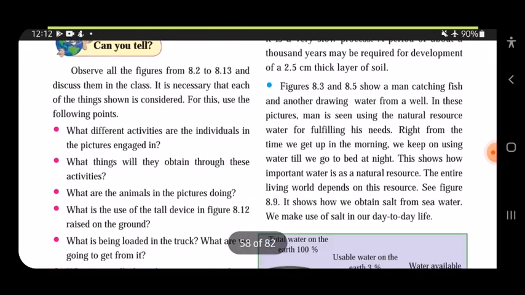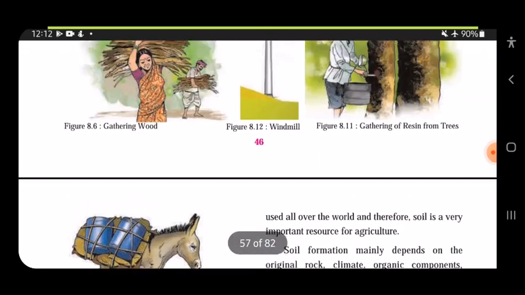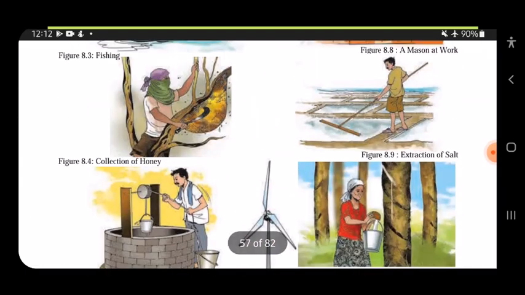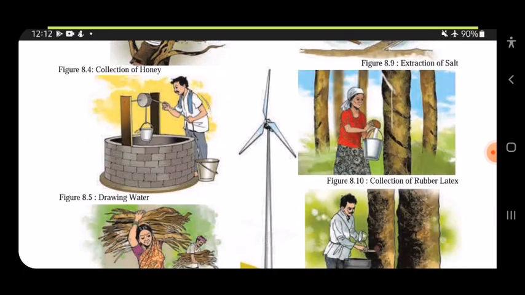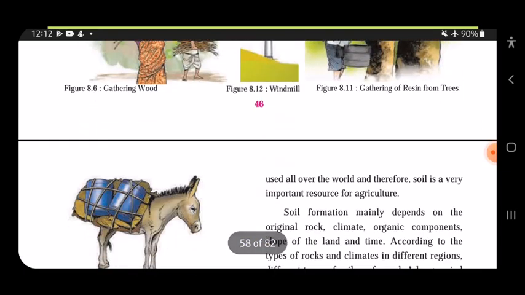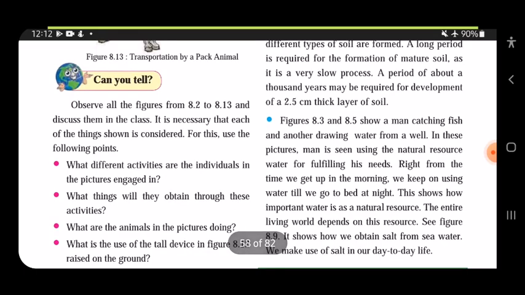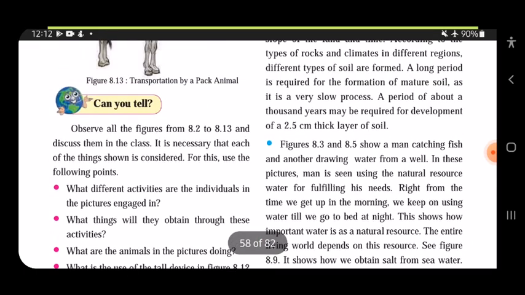The first question says, what different activities are the individuals in the picture engaged in? Now, what are these people doing over here? They are doing some kind of work like agriculture, fishing, mining, collection of honey, drawing water. The second question, what things will they obtain through these activities?